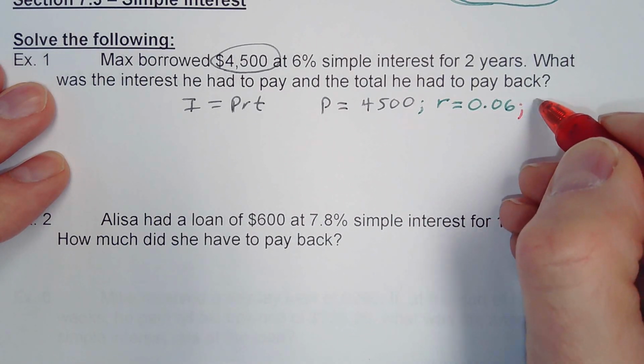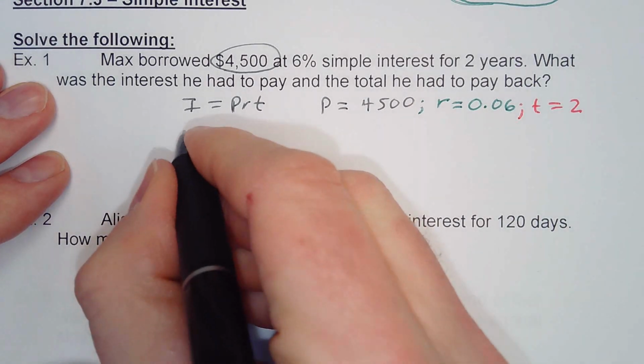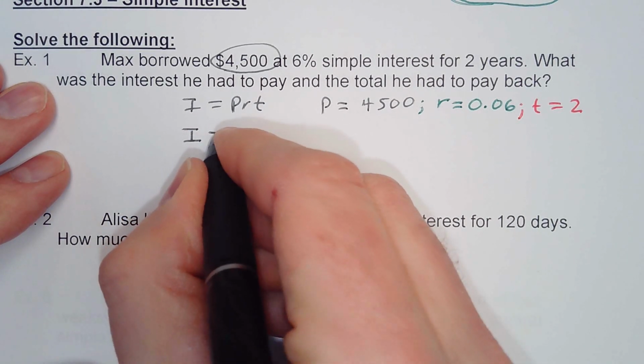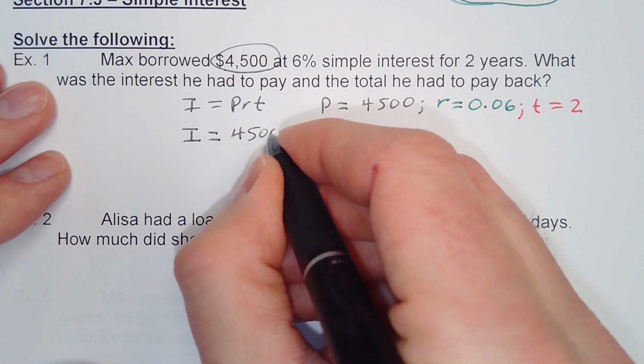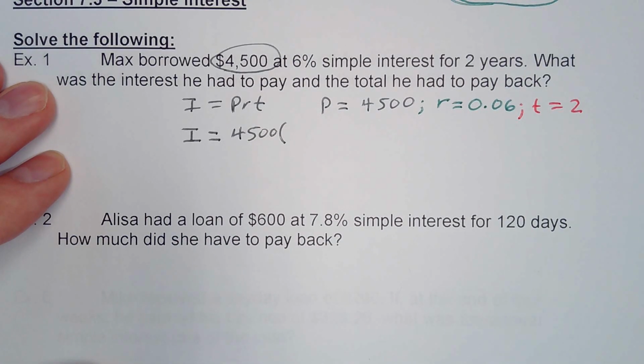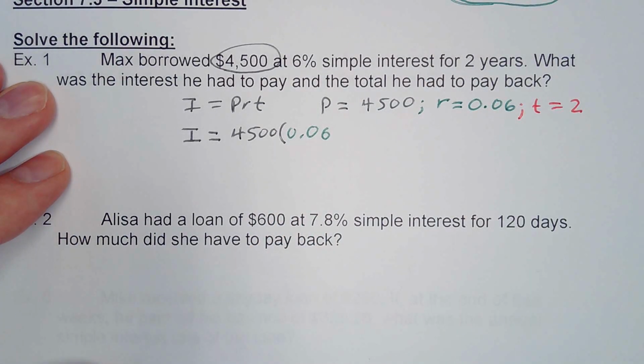And our T here is in years, which is 2. So we're going to go ahead and plug into our formula. So we're taking the 4,500 times the 0.06 times 2.